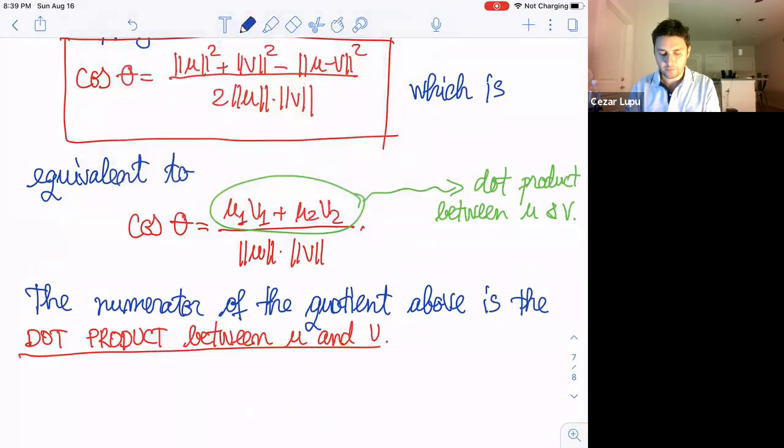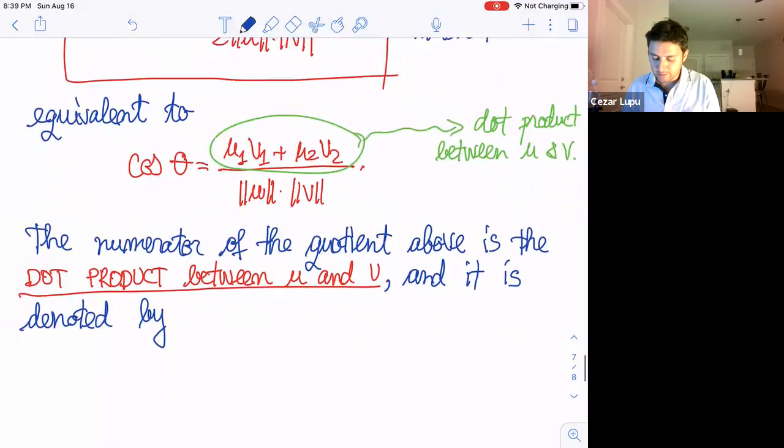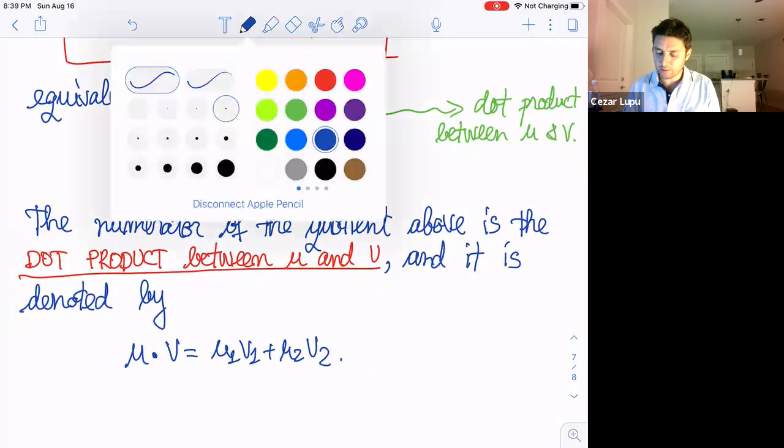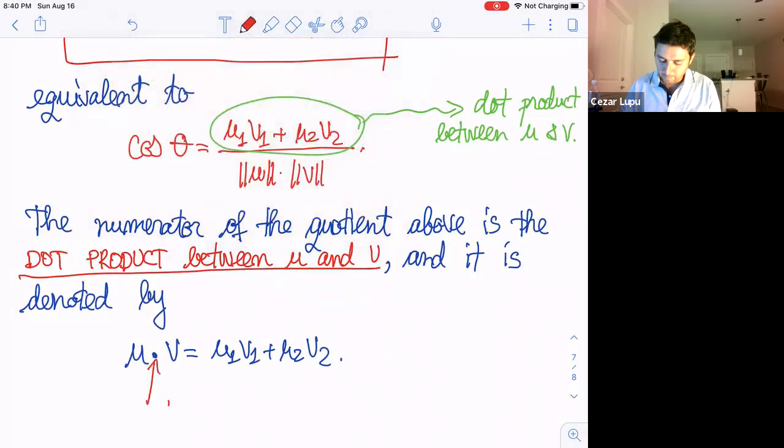Right? And it is denoted by u dot v, which is u1 v1 plus u2 v2. This dot here, this is what we'll call the dot product.